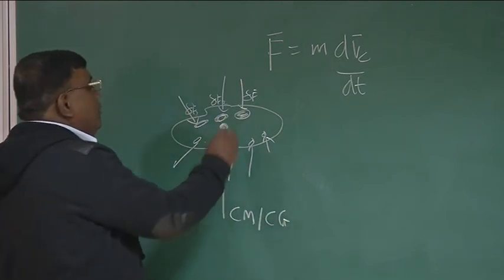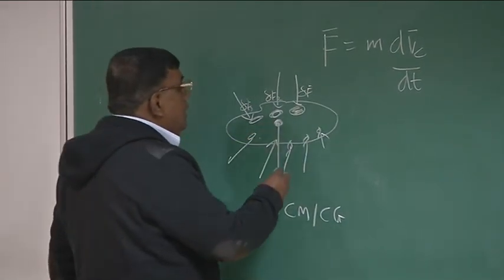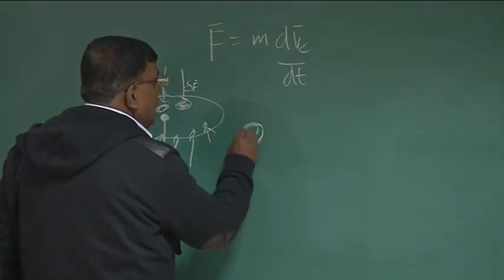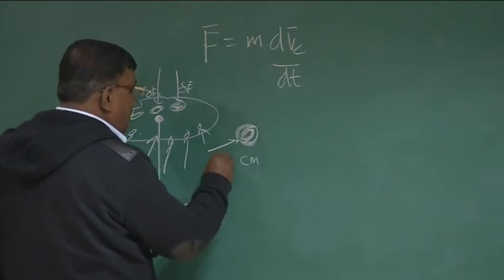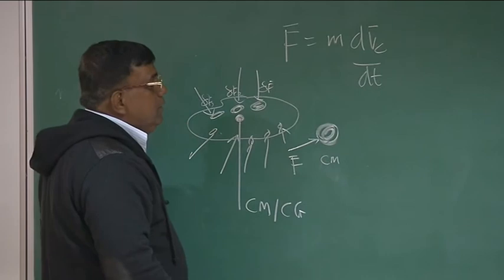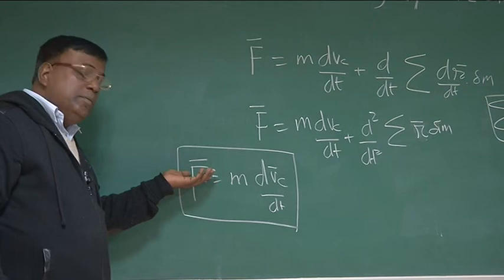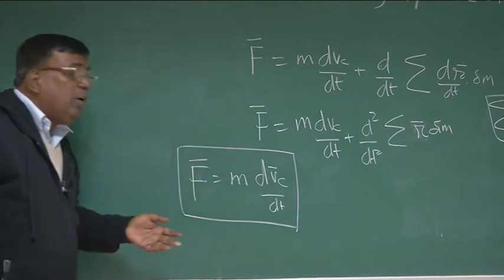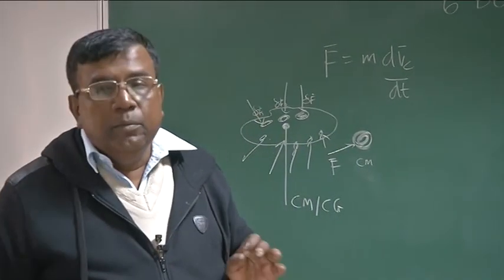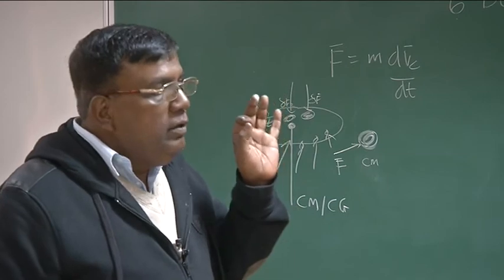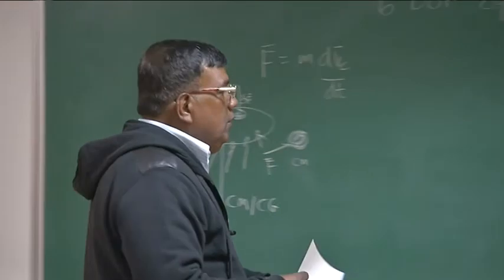Once you have located that point, assume that the whole mass is at that center of mass, and a force F, the resultant of these forces, is applied. This tells you the overall effect on the acceleration of the center of mass, and that is what we are looking for, because we want to track how the center of mass of the airplane is moving in flight. So this is a very useful equation we will be using.